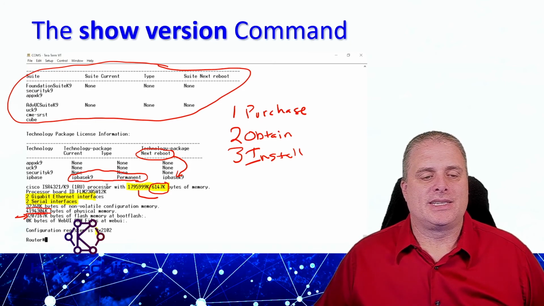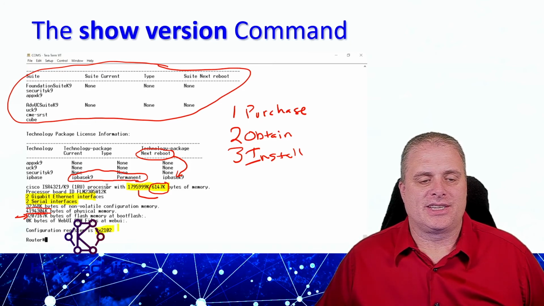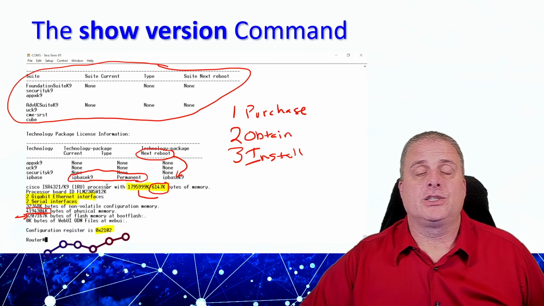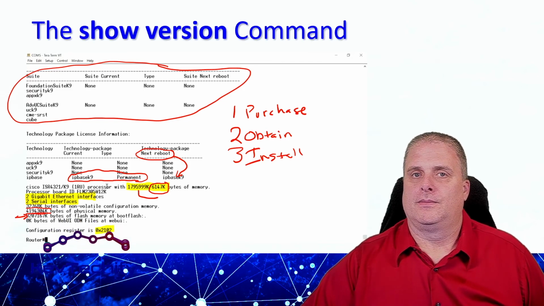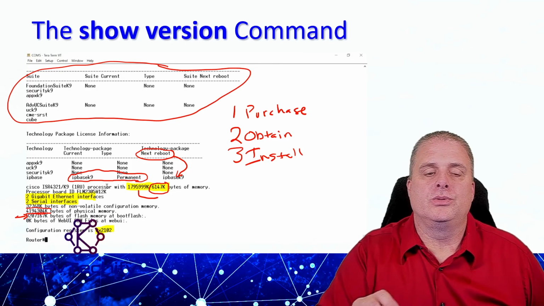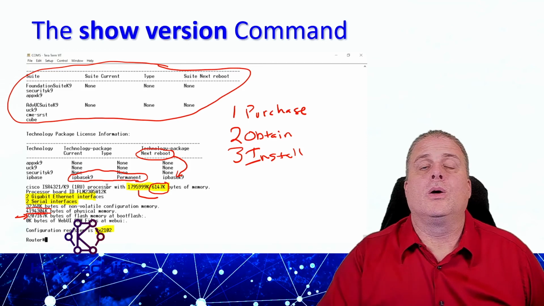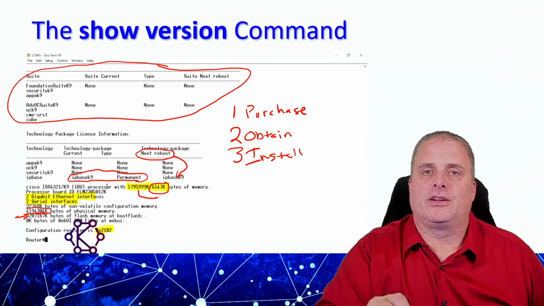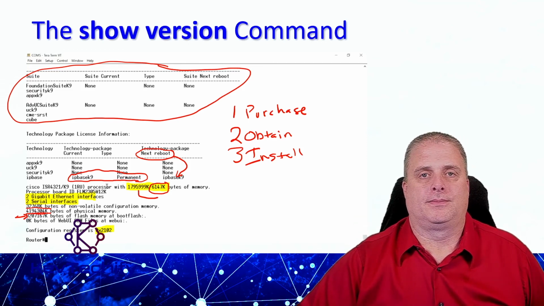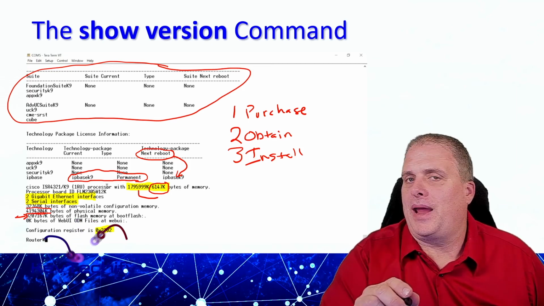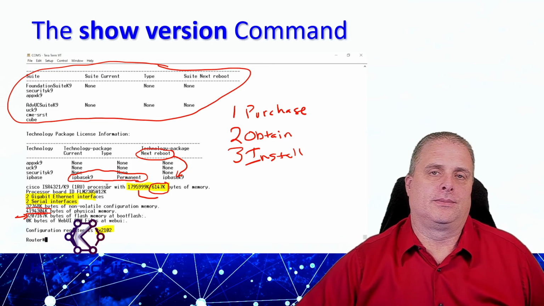Lastly, we can see the configuration registry setting written in hexadecimal. This is the factory default setting, which instructs the router to load the iOS image from flash and then load the configuration file stored in NVRAM. But what if you cannot remember your password and access your router?